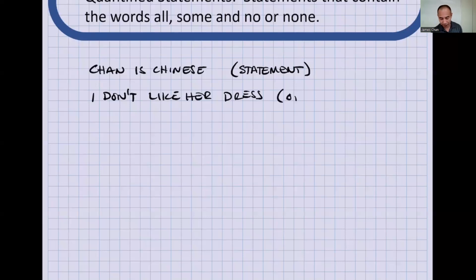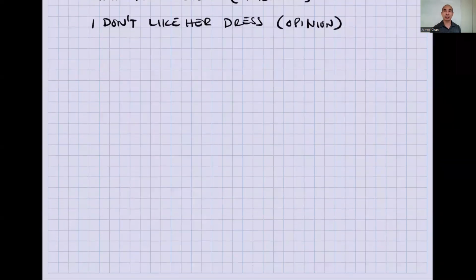This would be an opinion. Okay, so it's not a statement. So you guys have got to understand the difference between those two. Any questions on that? Pretty easy.